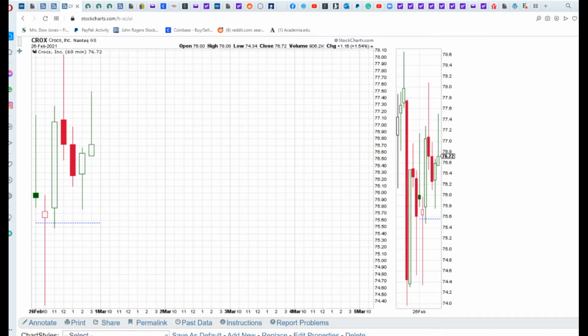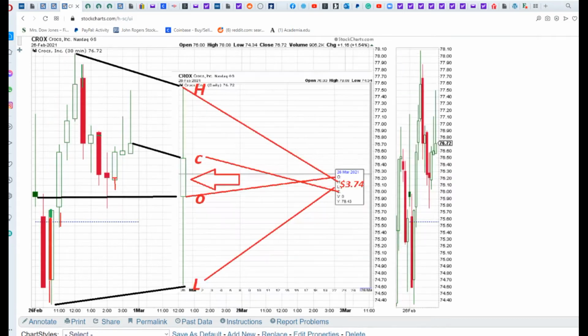The reason we do this is to show you that there's a movement in price during the day. So now when we take our chart and break it down into 30 minutes, we get a better view of what really happened.